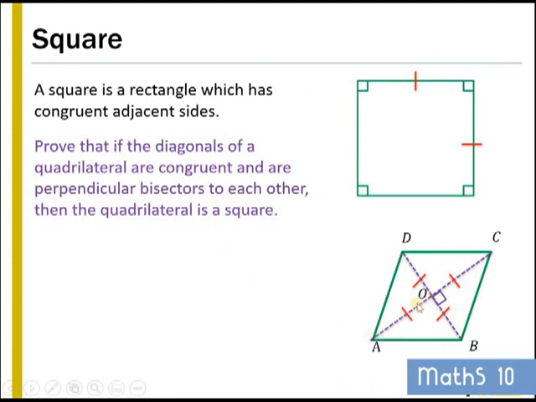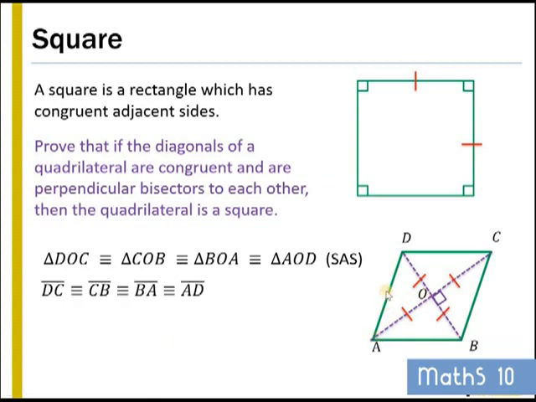So that means that the lengths AO, OD, OC and OB are all equal, and all of these angles are 90 degrees. Then we know that triangle DOC and triangle COB and triangle BOA and triangle AOD are all congruent by side, angle, side.